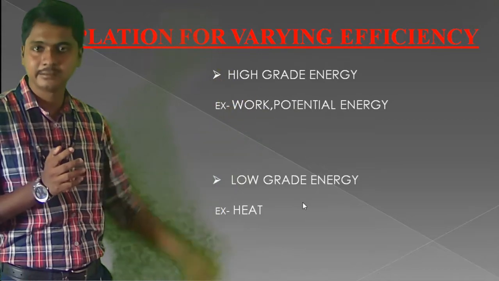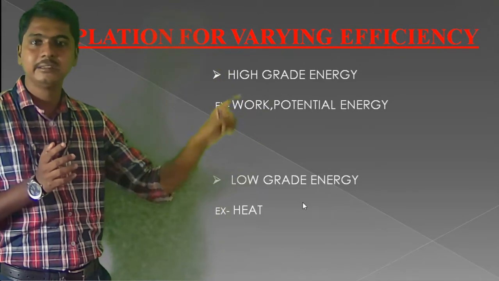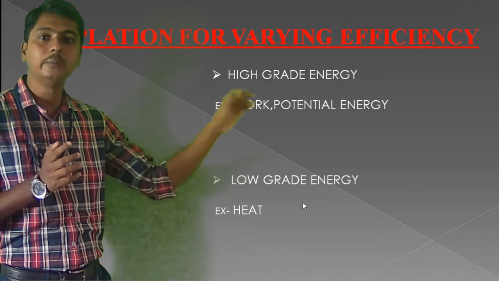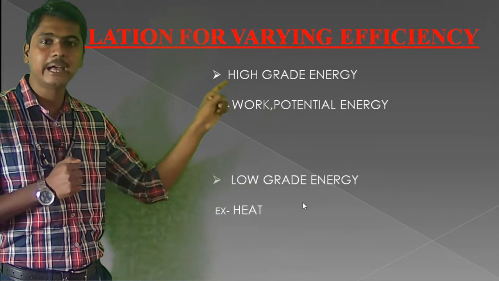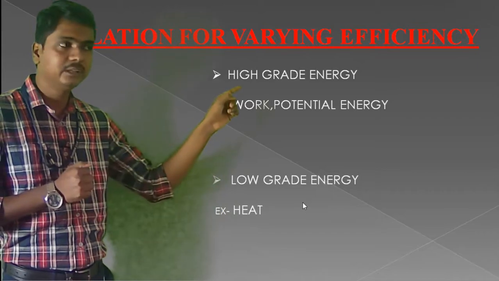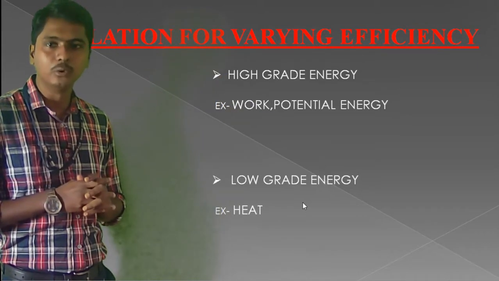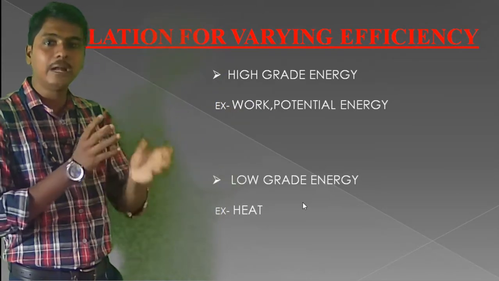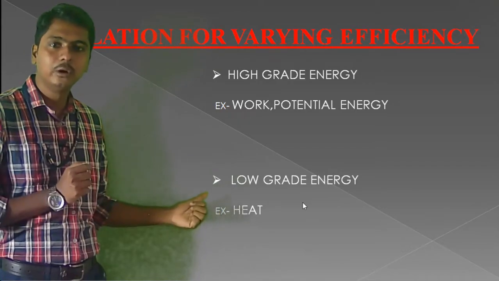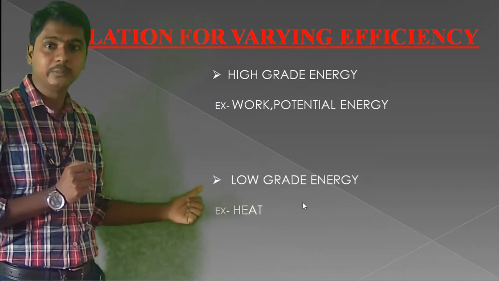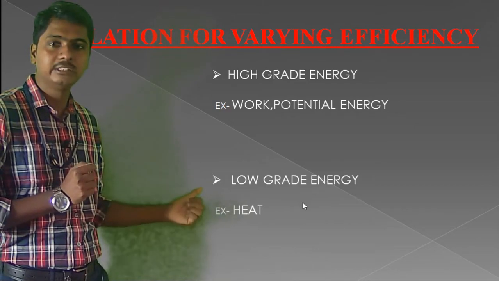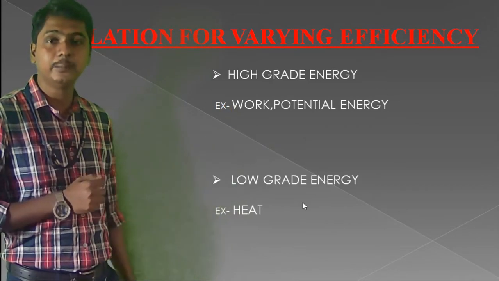There will be no losses. If there are no losses, then the efficiency of that power plant will be higher. That's why if a power plant operates on high grade energy, its efficiency will be more. But if a power plant operates under low grade energy, then complete conversion of low grade energy into high grade energy is impossible.